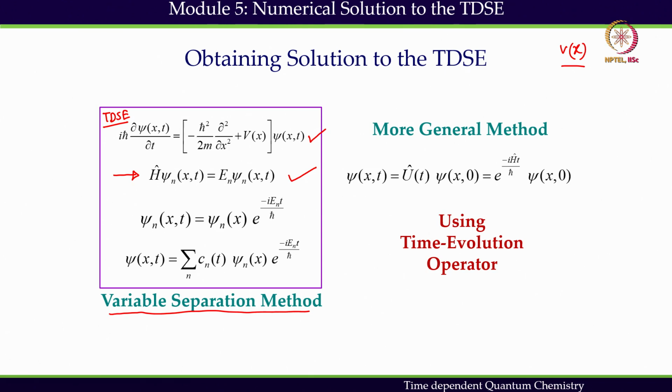We have understood that. Think about a particle in a one dimensional box. When you solve the time independent Schrodinger equation, you get multiple solutions like this. Similarly, for any quantum system, its time independent Schrodinger equation will give you a set of solutions, and here n denotes the nth eigenstate.